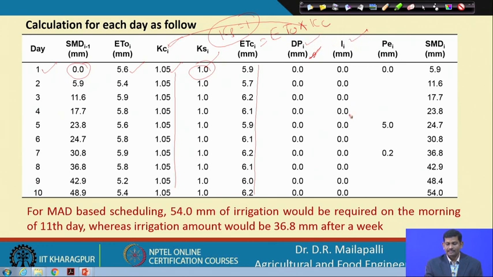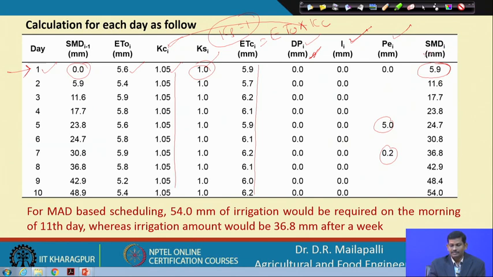I is the input, the irrigation amount, P is the rainfall, and Pe is the effective precipitation. That data is given. With this, for the first day we can estimate the SMD as 5.9. How do you estimate this? You go back and check the equation.